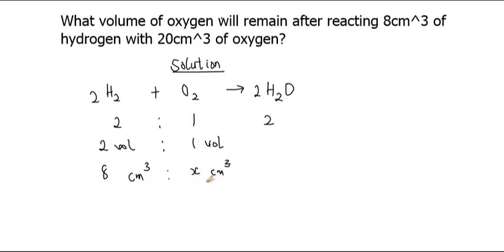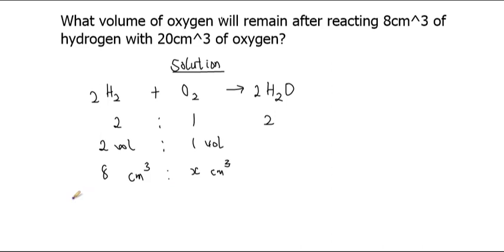I'm using X here because we are yet to determine the volume of oxygen gas that reacted, and that's the first thing we need to know for us to know the remaining volume that will be left if 20 cm³ of oxygen is provided. Now since 8 cm³ of hydrogen gas is being used up, what volume of oxygen gas will be needed for the complete reaction?